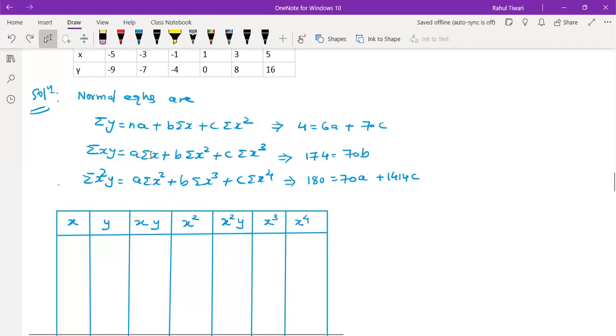If you just look at it, we need summation of x, we need summation of x square. So we need to create a column for summation of x square. Similarly, x square into y, so we want the summation of x square into y. We want x raised to 4, x raised to 3, and so on. Is that clear, Shivam Pandey? Is that clear? Yes? Okay.